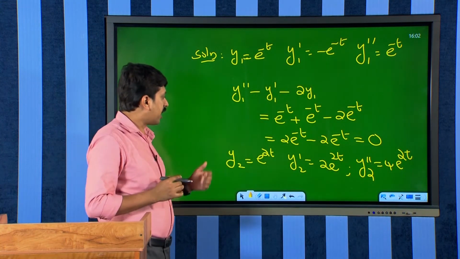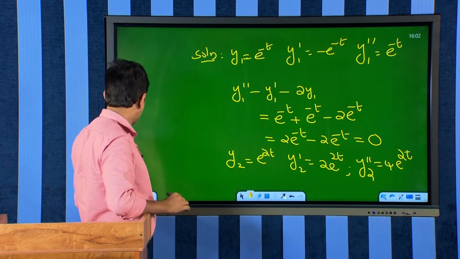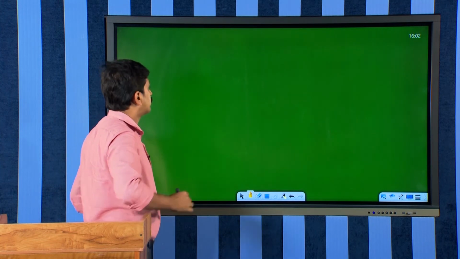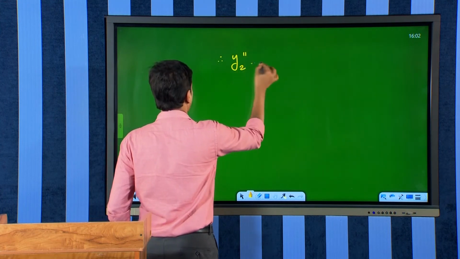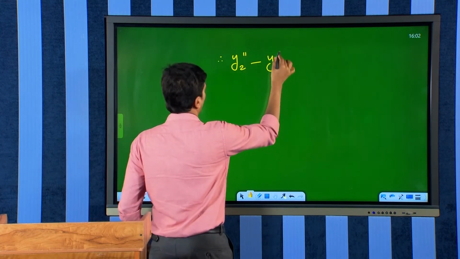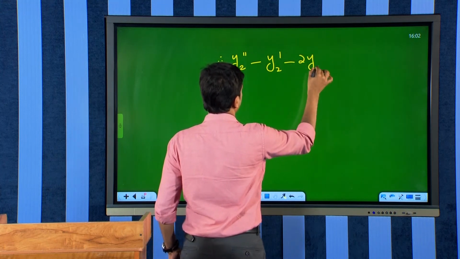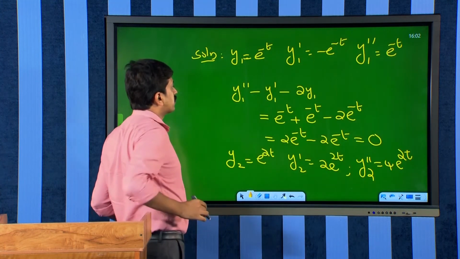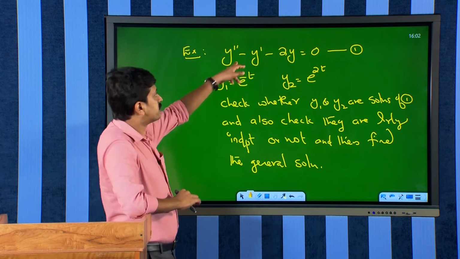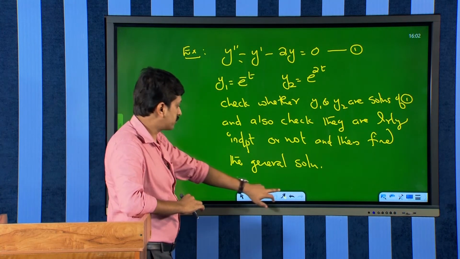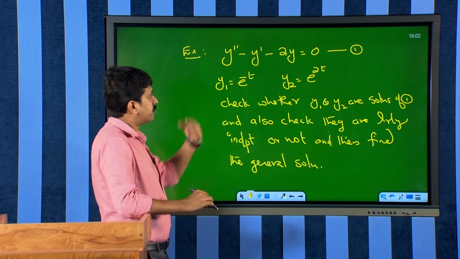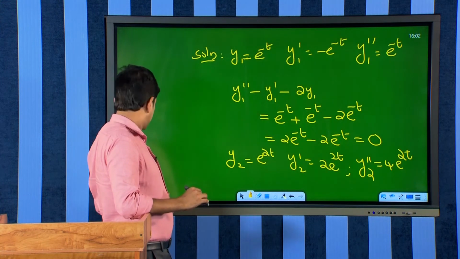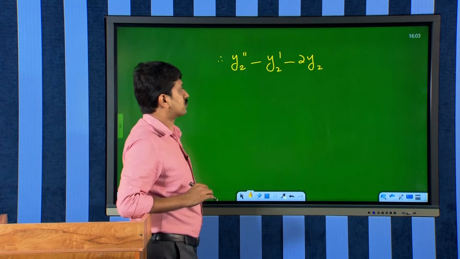Okay, so applying in 1, we write y2 double dash minus y2 dash minus 2y2. If it is equal to 0, we can say that it satisfies the equation, and then that will be the solution.